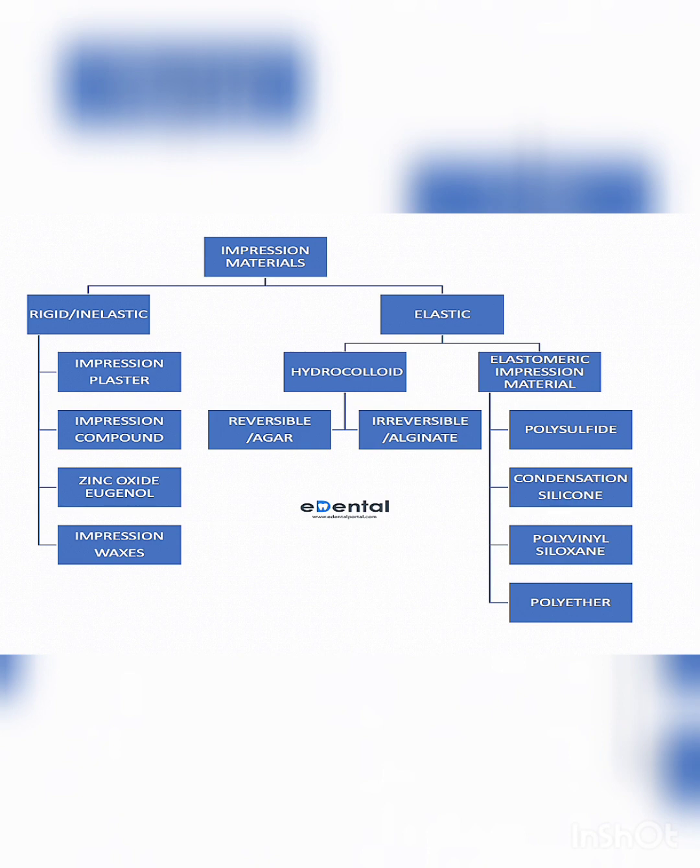And polyvinyl siloxane, also known as addition silicon, has hydrogen gas liberating, so zinc is added as a scavenger to not let those hydrogen gases evaporate. And then we have polyether.